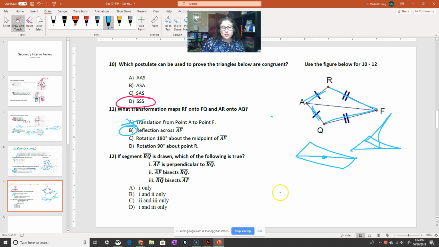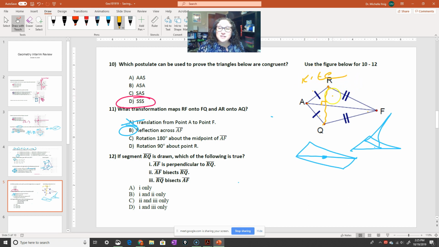If segment RQ is drawn, which of the following is true? So let's see. Segment RQ. Let's delete all this stuff and see what we got. Okay, segment RQ is this line, pretending that it's straight. Is AF perpendicular to RQ? Yes, it is, because this is actually a kite. It's a kite because consecutive sides are the same.